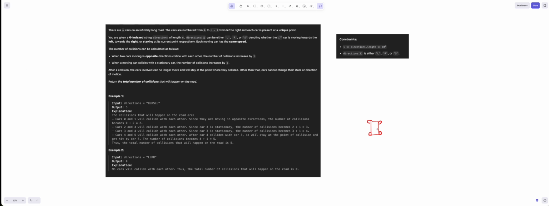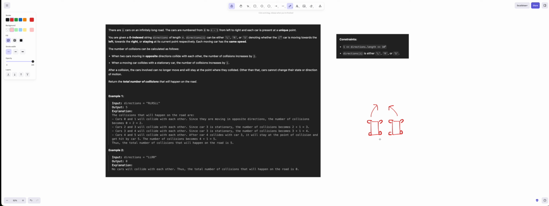And then we have another car here. So if one car is going this way and another car is going that way, that causes a collision. When two cars moving in opposite directions collide with each other, the number of collisions is increased by 2, since two cars are stuck here.